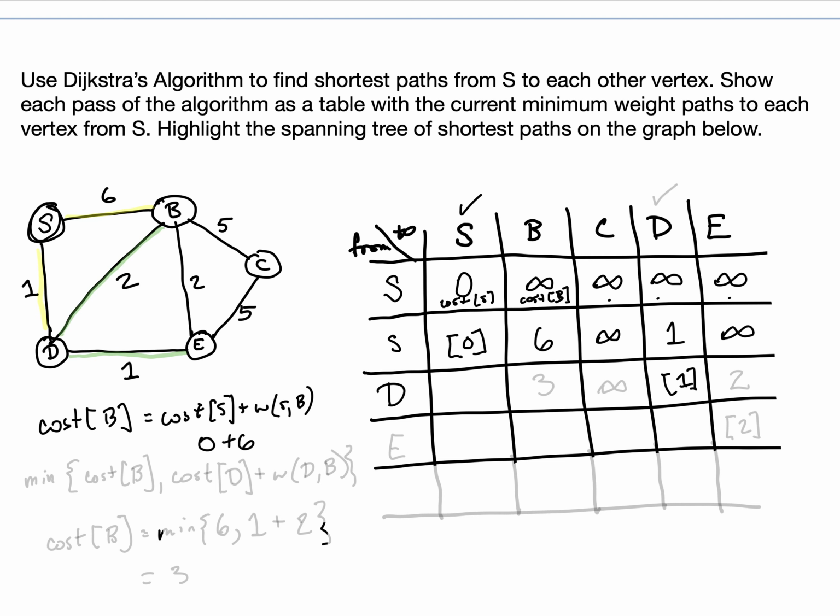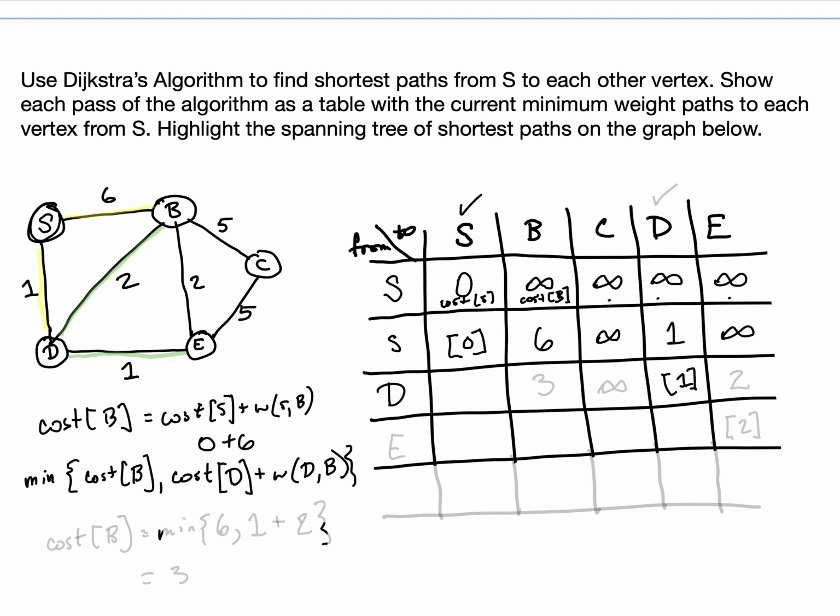When we look at B, we are going to take the minimum of the original cost of B that we previously had, and the cost of the path that we took up to B so far. So that's D, the vertex we're processing, plus the weight of the edge DB. So we are looking at the minimum of those two values.